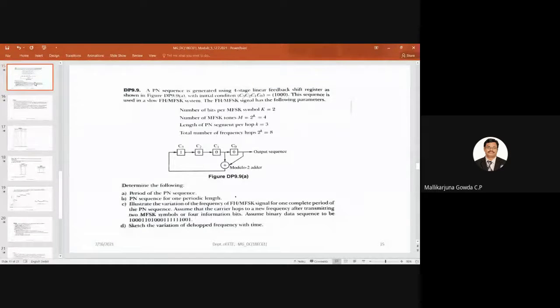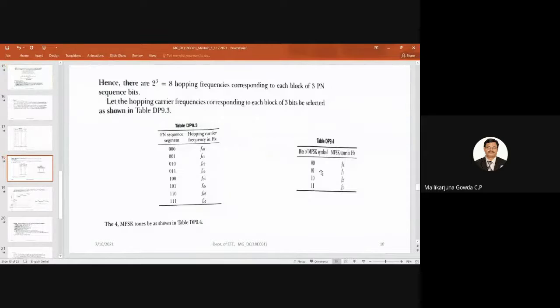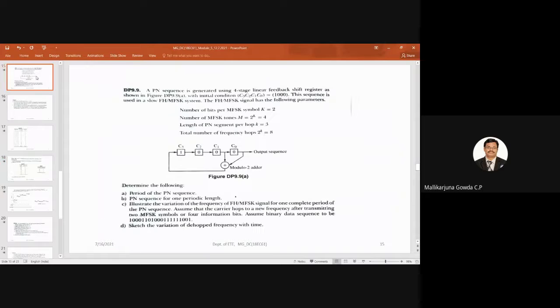Because 2 bits make one symbol, we can write 00 as F0, 01 as F1, 10 as F2, and 11 as F3. These are the 4 different frequencies by which I am going to modulate this data. The input data given is 1 0 0 1 1 0 1 0 0, then 6 ones, 0 0 1.